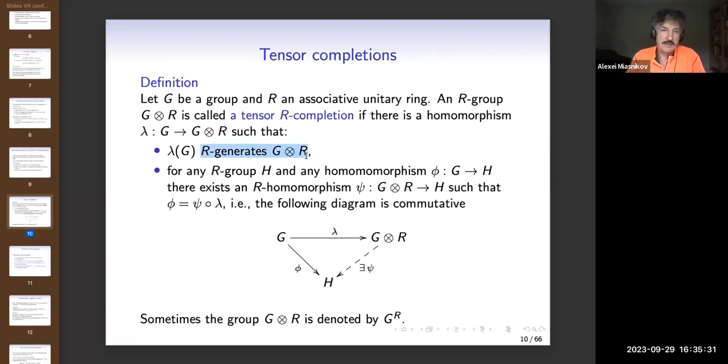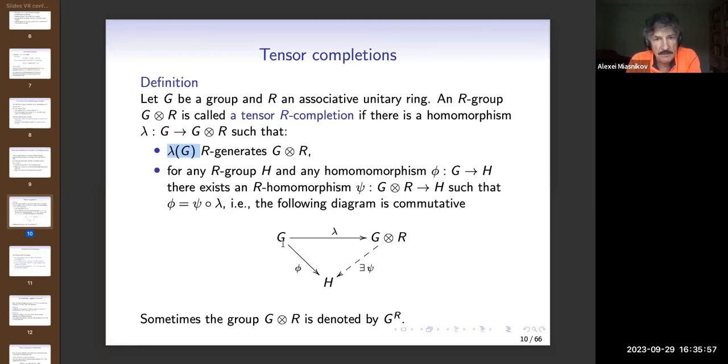As usual, you can define R-homomorphisms, R-subgroups, and so on. An R-subgroup is a subgroup which is invariant under the R action. So lambda G, R generates the whole tensor completion, and the tensor completion satisfies the natural universal property.